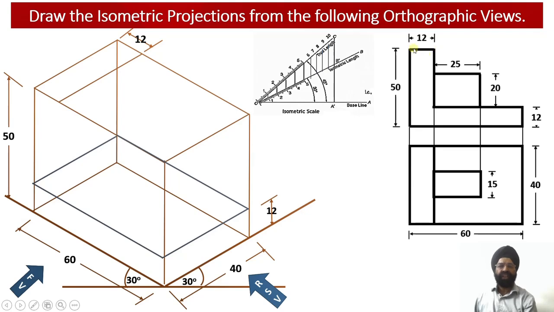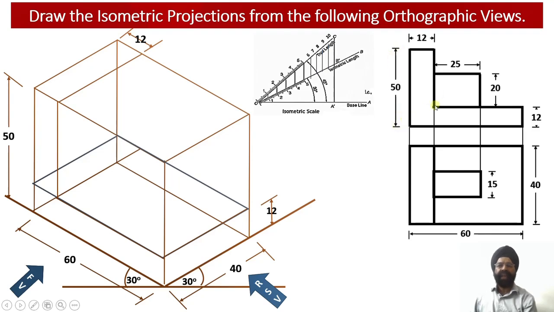Now having drawn this top surface, let us draw this vertical edge, which corresponds to this height. The height of element number 2 happens to be 38 millimeter, because the bottom ring we had drawn, element number 1, has a height of 12 millimeter, and the total height of the solid is 50 millimeter.